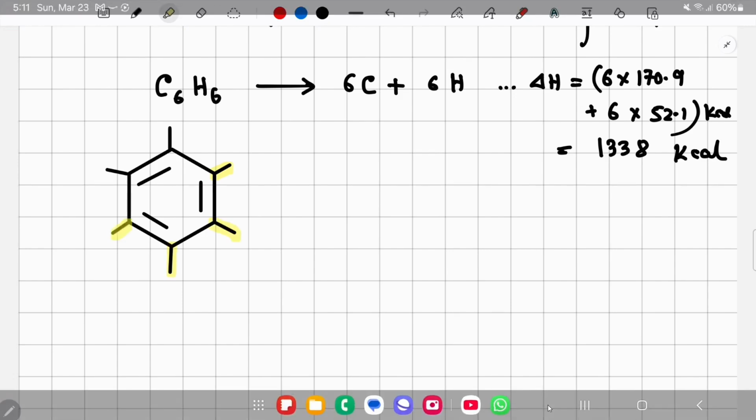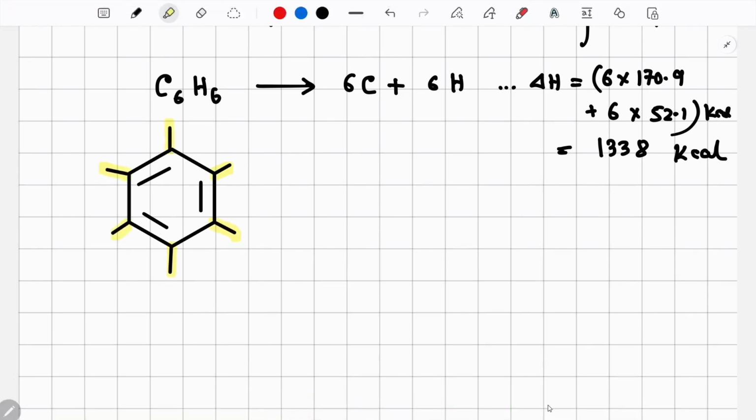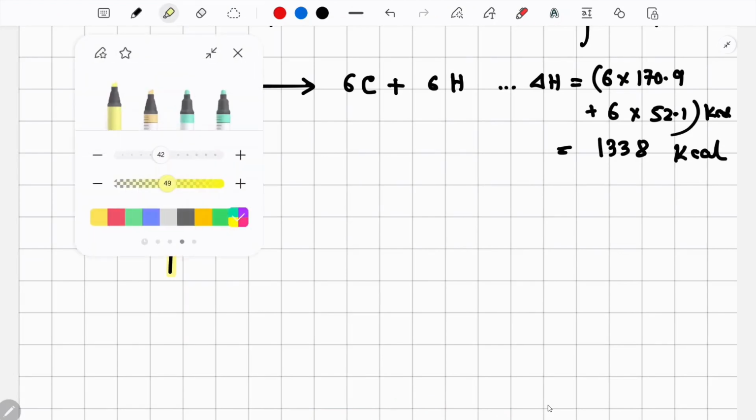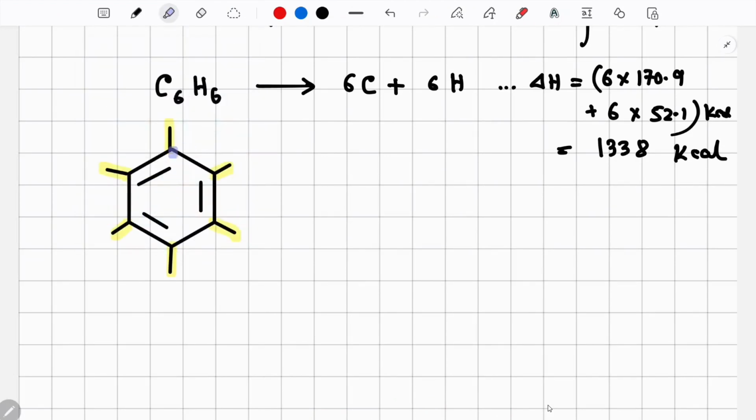So six CH bonds are there. C single bond C, three are there, and three double bonds are there. Correct. So this is our benzene.